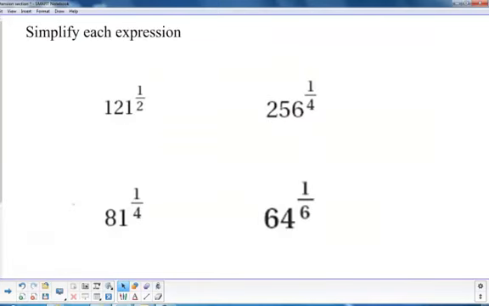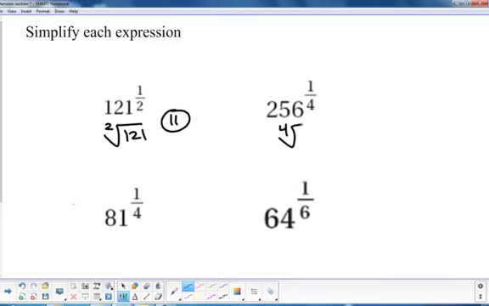So 121 to the 1/2 is the square root of 121, and that's 11. The 4th root of 256, and let's say you don't know this off the top of your head, what you could do is grab your calculator, and you need to type in the 4 first.